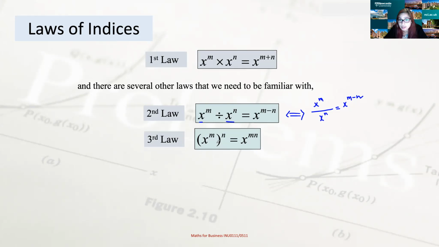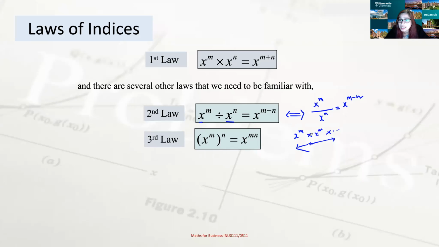Then you have the third law, which is x to the power of m, whole bracket to the power of n. That means you're multiplying x to the power of m, n times. That is, you're multiplying x to the power of m times x to the power of m, and so on, n times. So you can also write this as x to the power of mn.